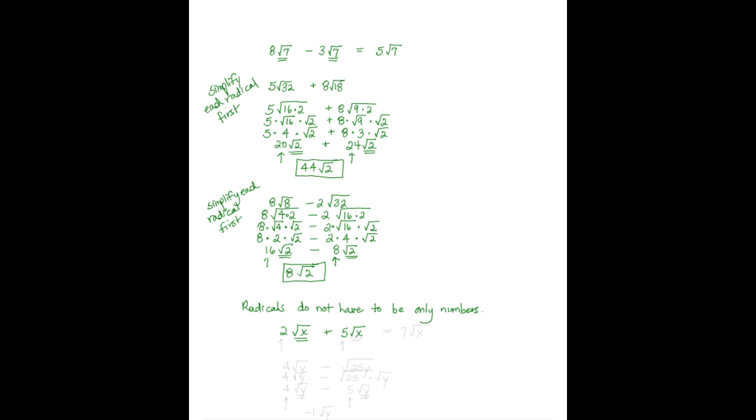Our radical part is the same, so we're going to add the 2 and the 5, giving us 7, and we're going to keep the square root part the same. So our answer is 7 square root of x.